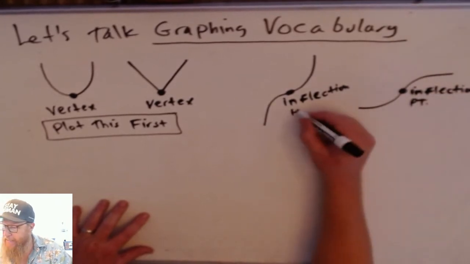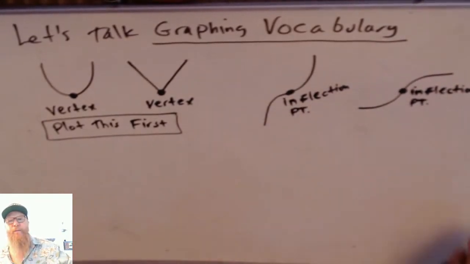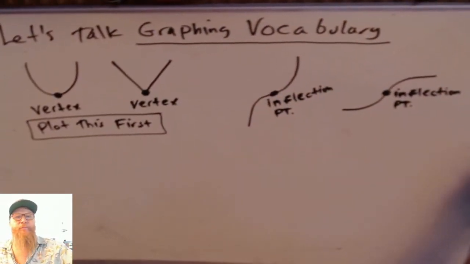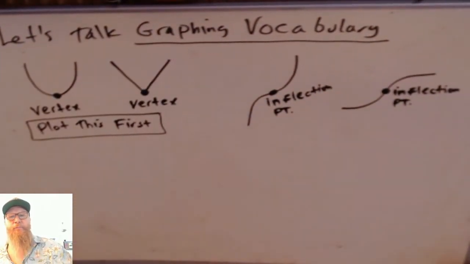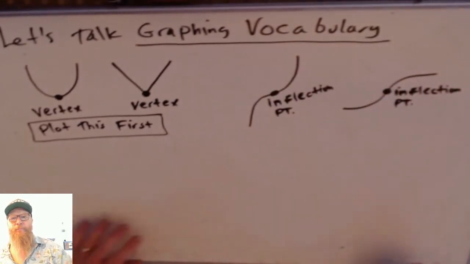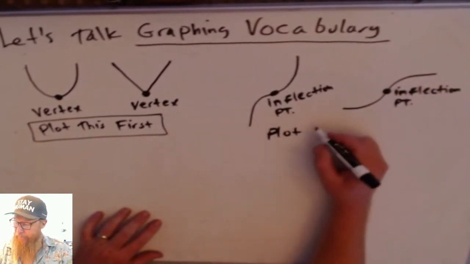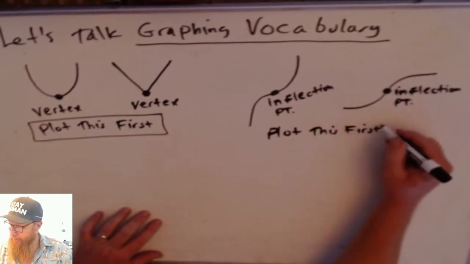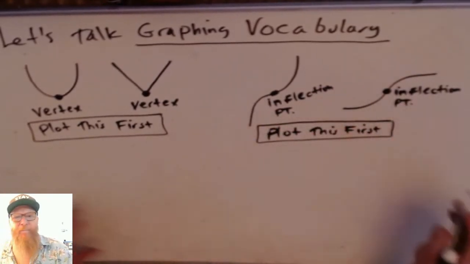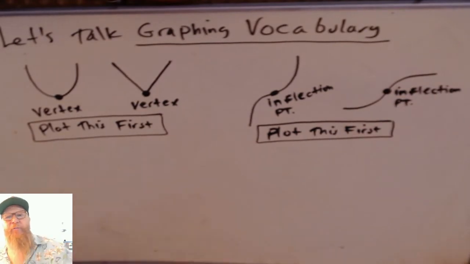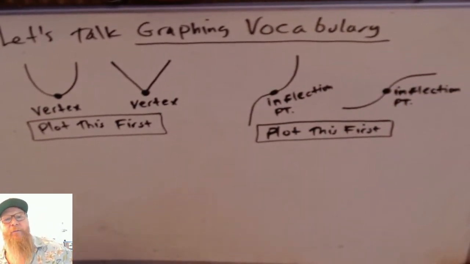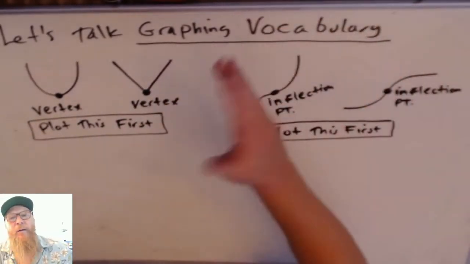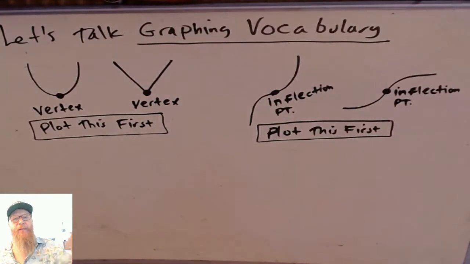I'm just going to say PT for point. Again, plot this first. Make sure you plot the inflection point first. Man, it's really not behaving today, is it? There we go. That's clean.